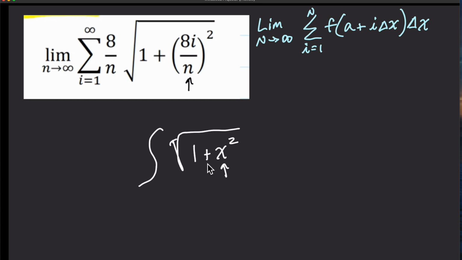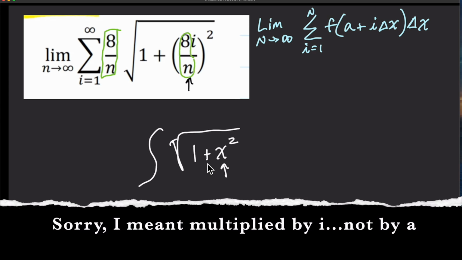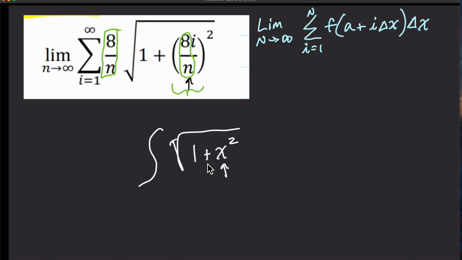The other thing that tips us off is we have this 8 over n outside. That means that's our delta x. So this is our delta x being multiplied by a, and there's actually a 0 within the steroids. So what was plugged in here, folks, is 0 plus 8 over n i.